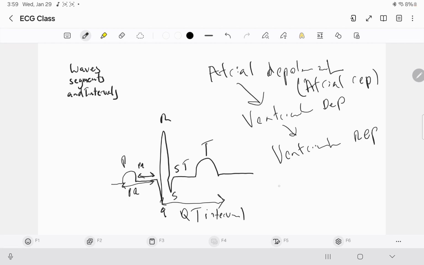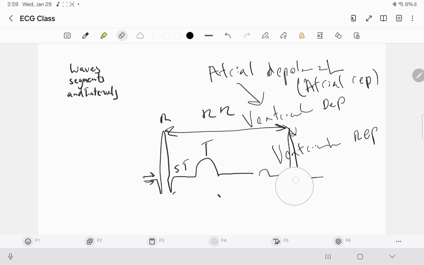And finally, this is the RR interval. So don't worry, a bit of a messy diagram, but we're gonna go into much greater detail.